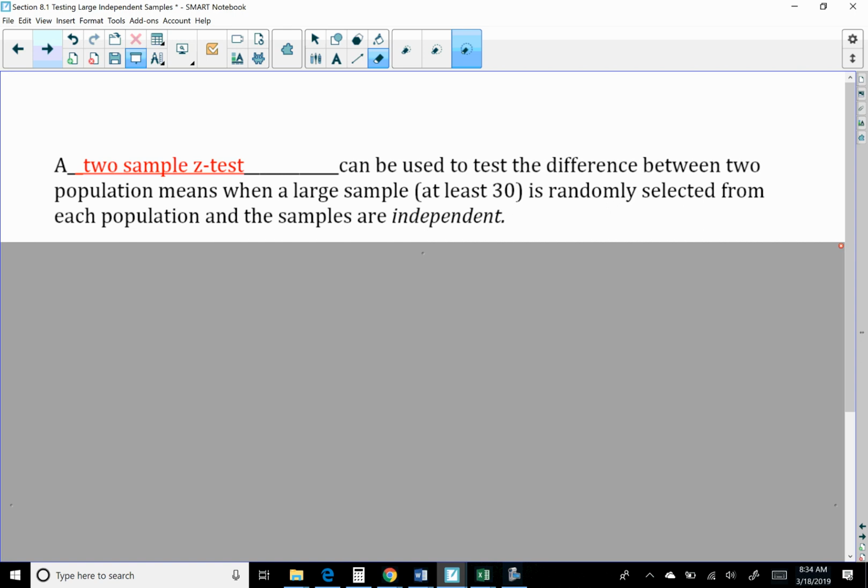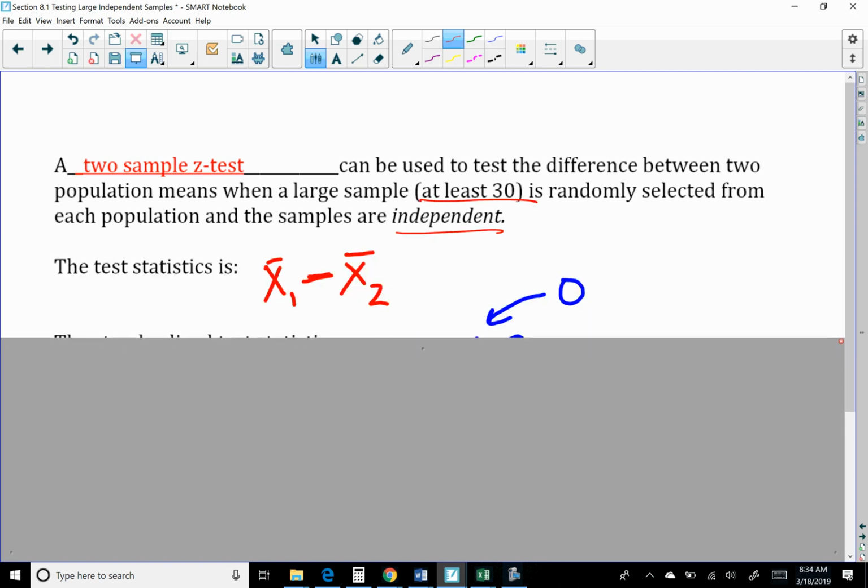A two-sample z-test can be used to test the difference between two population means when a large sample, at least 30, is randomly selected from each population, and the samples are independent, right? So sample size at least 30, and samples are independent. Your test statistic in this case is the sample mean from population 1 minus the sample mean from population 2.